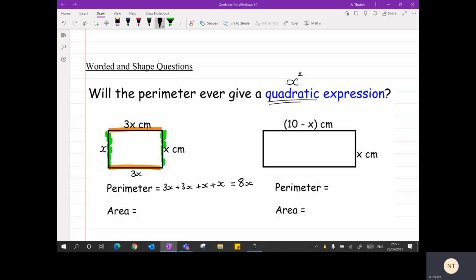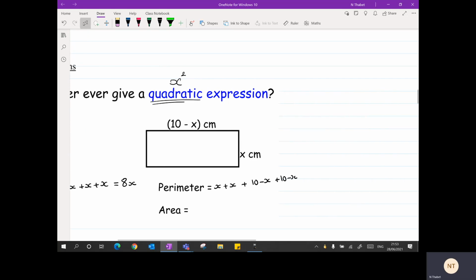The same with the second rectangle. I've got an x plus an x, and then I've got a 10 minus x, add a 10 minus x. And if I add them up, well, x take away x is 0, x take away x is 0. So actually this perimeter is 20.